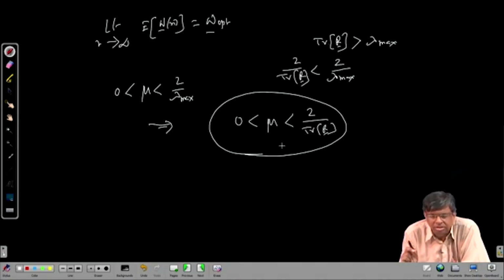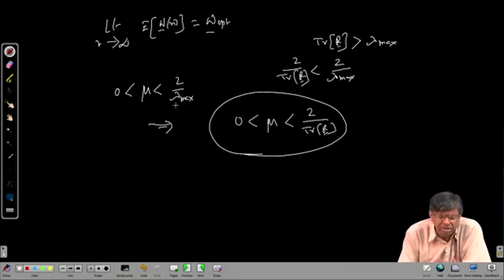Convergence in mean is guaranteed. The earlier condition was also fine, but a bit impractical because it requires computation of eigenvalues, which for big matrices is very cumbersome. This you can do very quickly. So this is what is usually followed: mu greater than 0 and less than 2 by trace R.